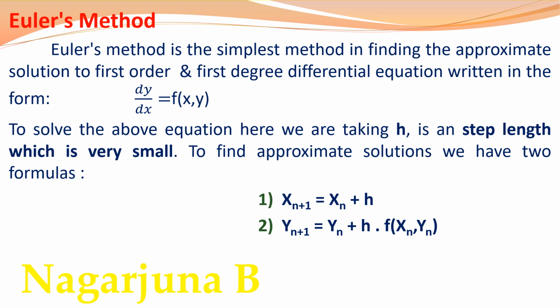To approximate the solution, here in Euler's method we will be using two formulas. First one is xn plus 1 is equal to xn plus h, and the second one is yn plus 1 is equal to yn plus h into f of xn comma yn. The values of n, h, xn, yn we will get from the question itself.